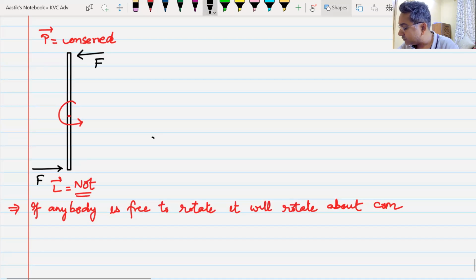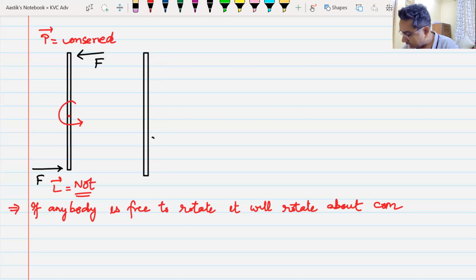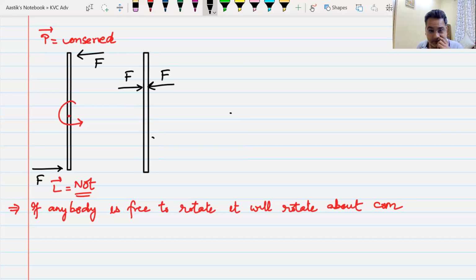Let me make the second case. This is the second rod. I apply F here and I apply F, same line.